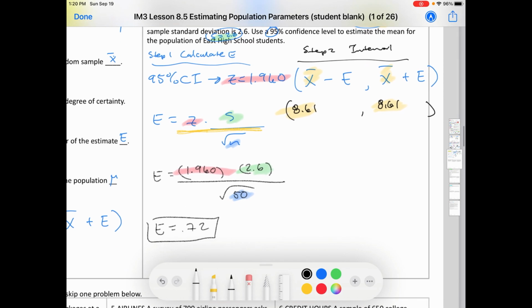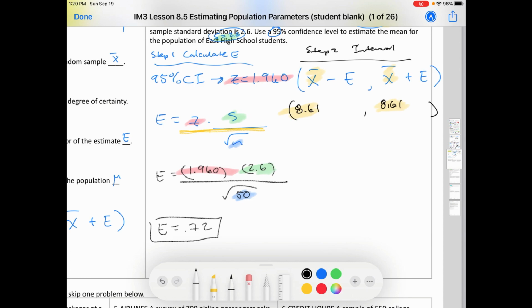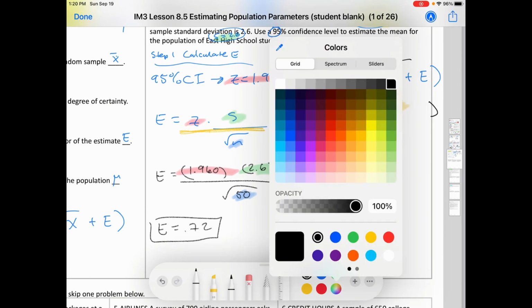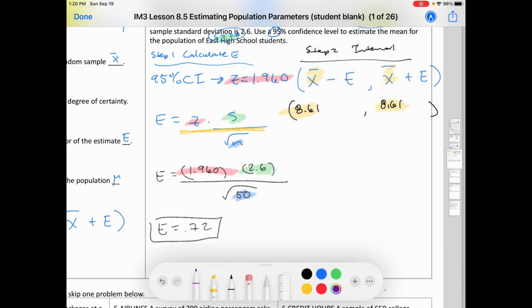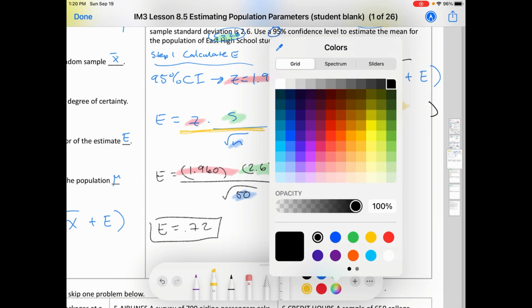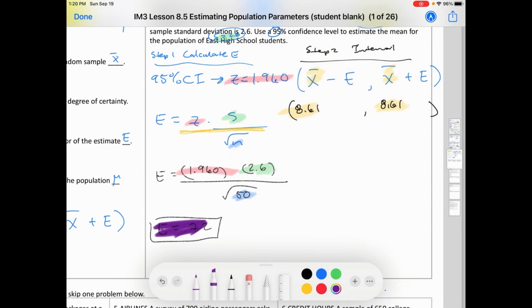Okay, then E, we just found E. Random colors here. Let's do purple. 0.72. E 0.72.